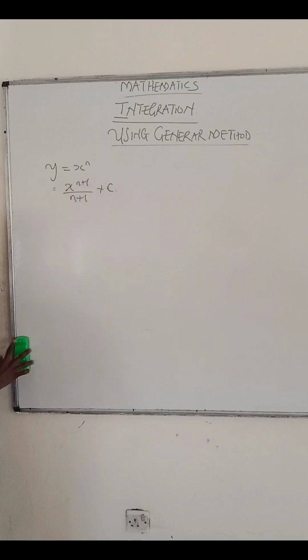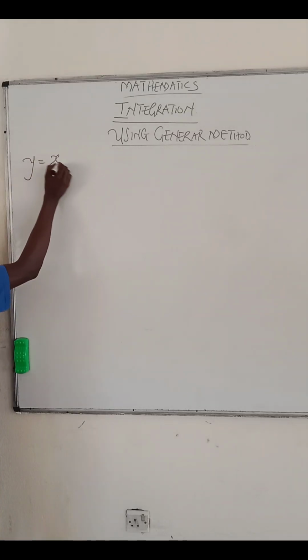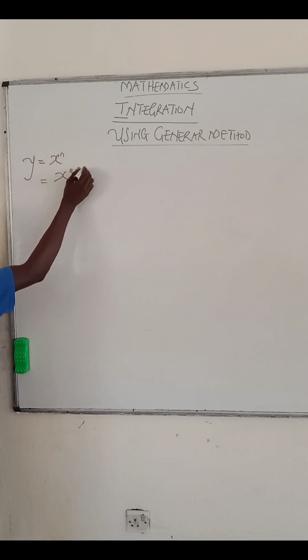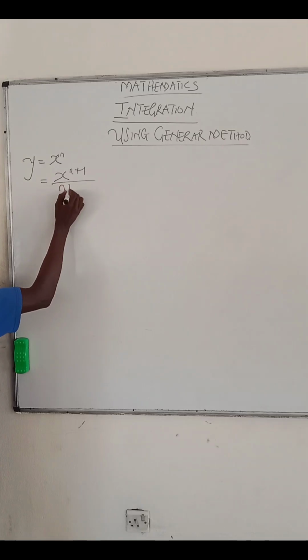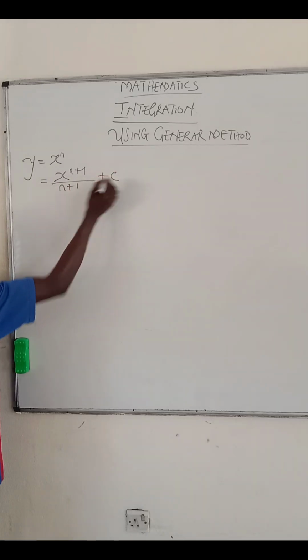And listen to me now. So now, using general method, let's evaluate. Let me write this formula upward. x raised to power n integrates to x raised to power n plus 1 over n plus 1 plus c.